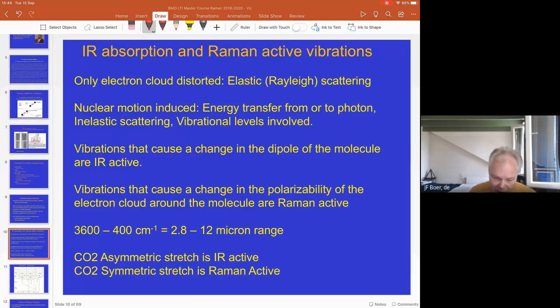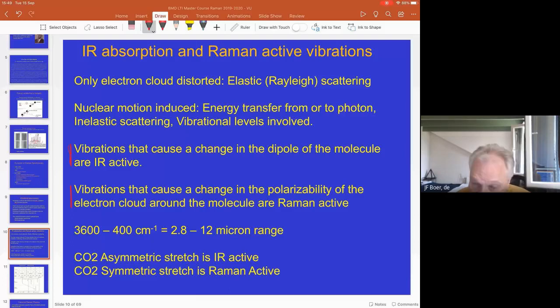Now, these two are actually fairly complicated statements. These two, and I will go into detail in the next slide to explain to you what it means to have a change in the dipole or a change in the polarizability. But let's start with a change in the dipole.